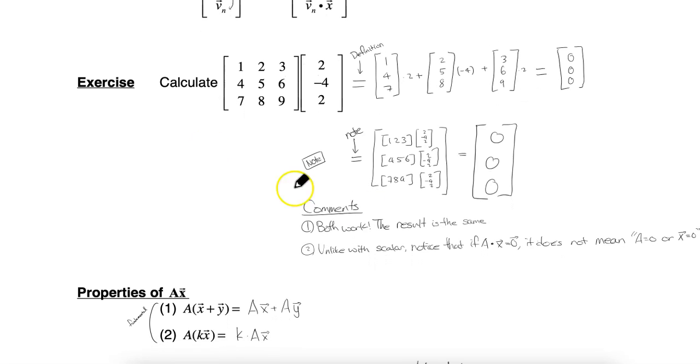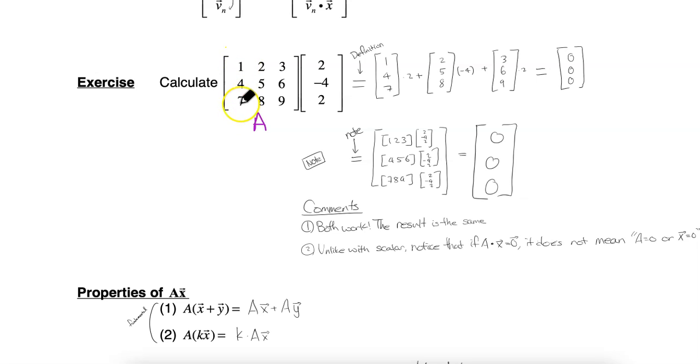So let's look at both of these options, the option offered by the definition and the option offered by the note. This is going to solve the problem using the definition, and then starting again, we can solve the problem using the note. In the definition, we split matrix A into column vectors.